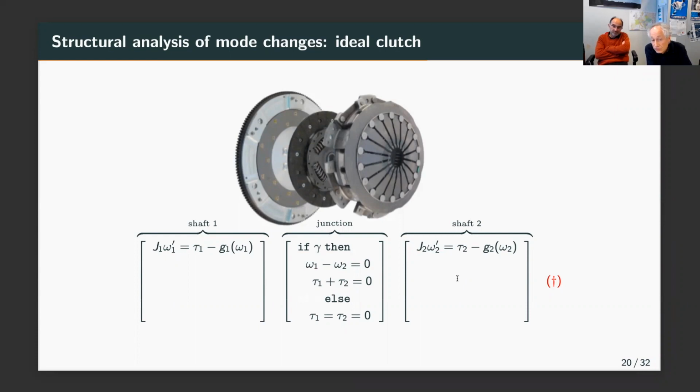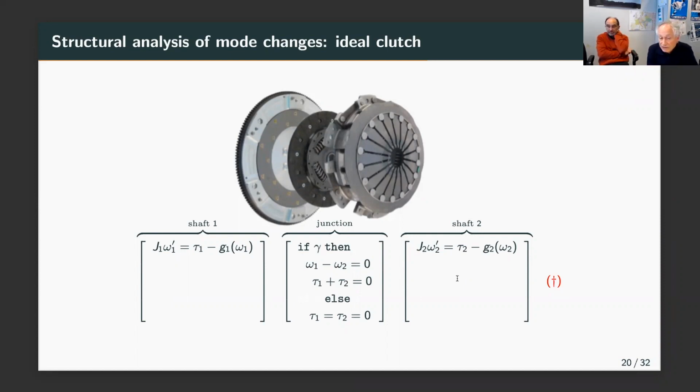Then the two rotational velocities, omega-1 and omega-2, should be equal. The torques τ1 and τ2 should sum up to 0. And otherwise, if the clutch is released, then the two motions are free. There is no constraint on the relative velocity, and the torques are 0. So this is the model that we are going to consider.